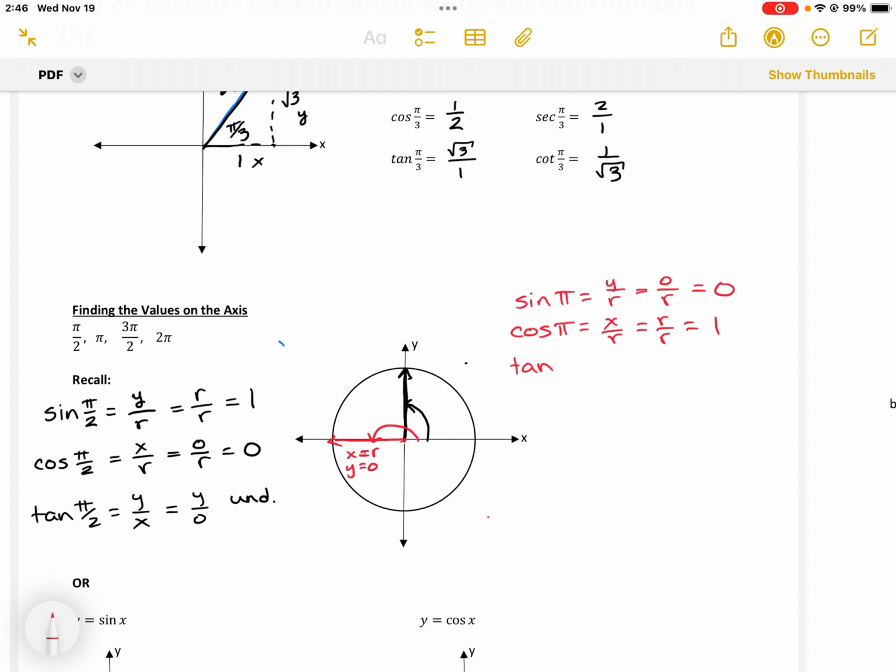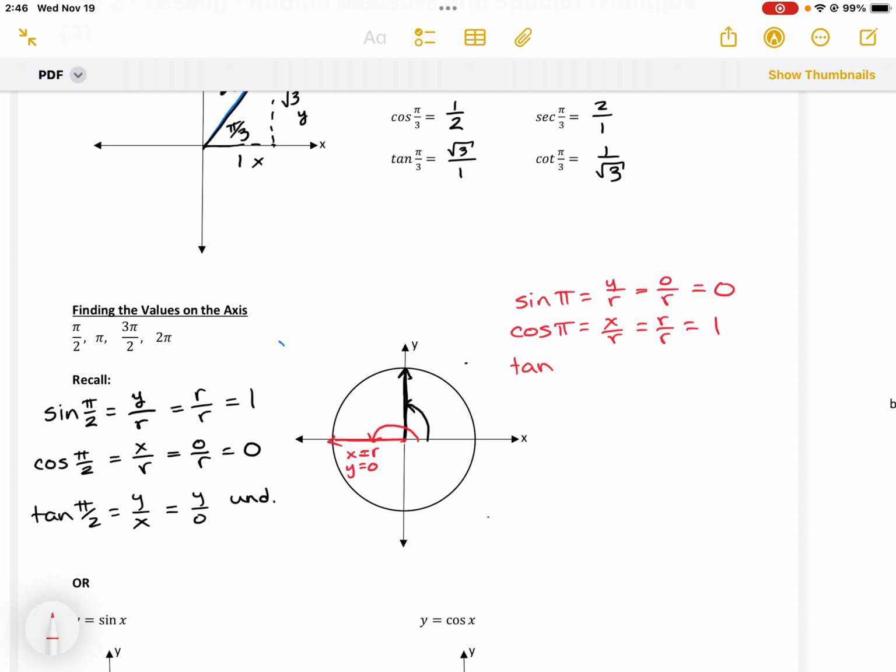And we would actually have, I'm going to add here, this is minus r in this case. So x is equal to minus r in that direction. So we actually have a value of -1 for pi. And then I'll fill in the values for the other two axes here.